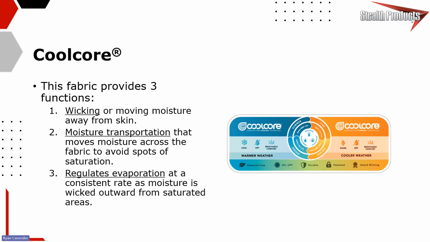Air is moving through those fiber cores, and that's really going to help avoid those spots of moisture saturation. So you can get better moisture evaporation at a more constant rate with this material than some of the other ones that we've used before. Overall, it means that fabric will dry out much faster as well. It keeps that skin surface cooler, drier and healthier.